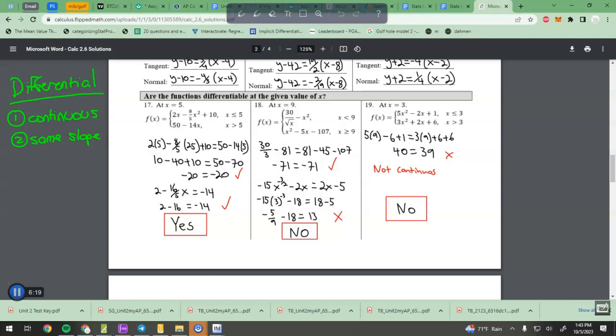If the first level's not the same, then it's automatically not continuous, which means it's not differentiable. Yeah, that's why it has to be continuous.